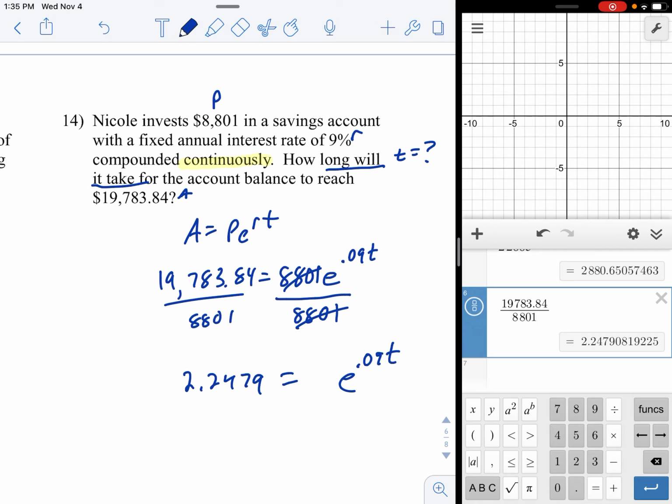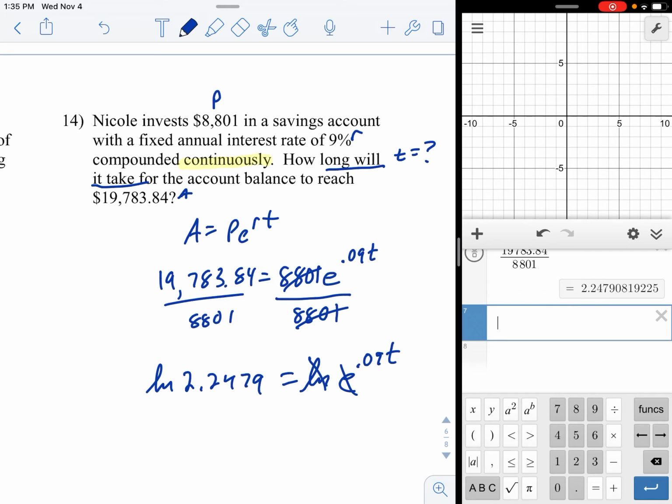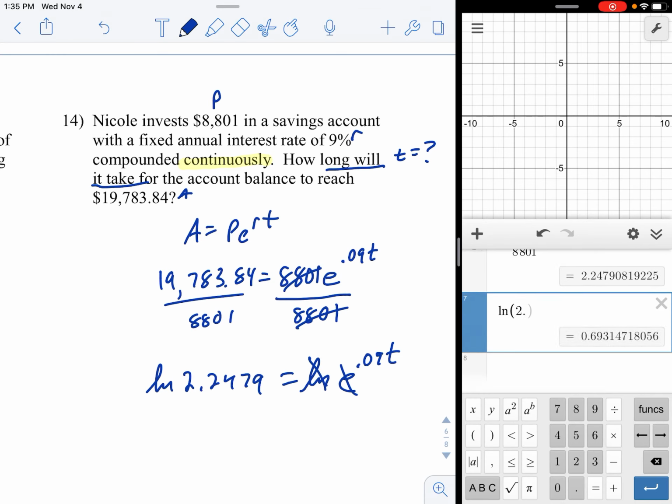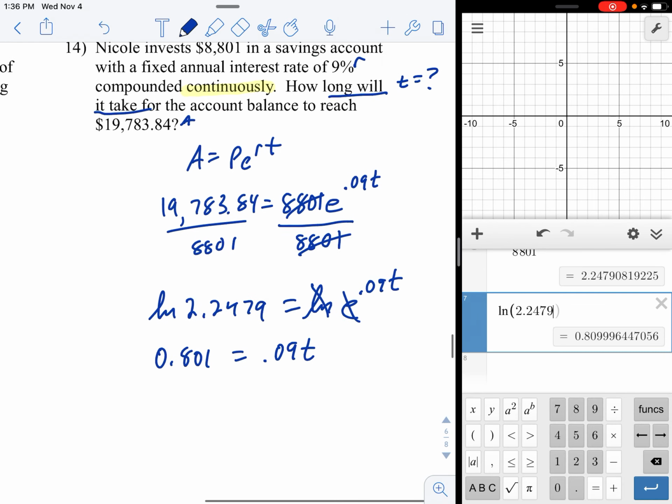Why did I leave a space in front of the e? Well, because to cancel out a base, we need a logarithm. I need space for the logarithm. Of course, we use the natural log when dealing with base e. So now get your calculator and do the natural log of 2.2479. Missed a digit, 2479. 0.801 equals 0.09t.